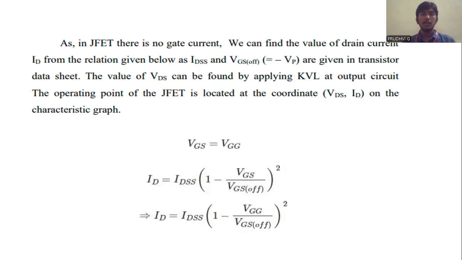By applying KVL, Kirchhoff's voltage law, we calculate the output voltage. VGS is equal to VGG, the external voltage we supply.